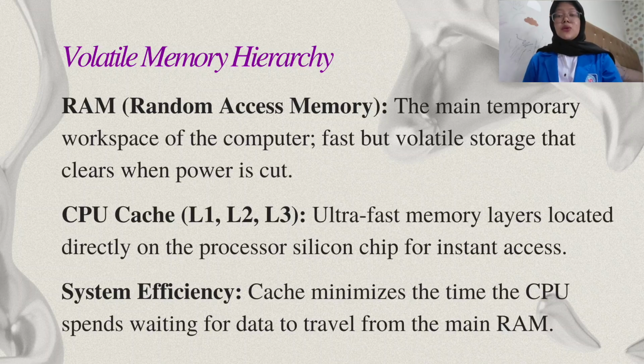But because the CPU is so fast, it also relies on something even quicker called CPU cache: L1, L2, and L3. Cache sits directly on the CPU silicon chip, giving the brain instant access to frequently used data without waiting for the RAM. Now, what about permanent memory? Let's advance to slide 8.